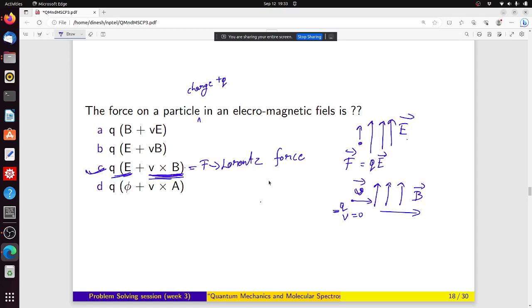That will be triangular vector multiplication, which means this is a cross product. 45 degrees to this direction? So you are saying the charged particle will move like this.